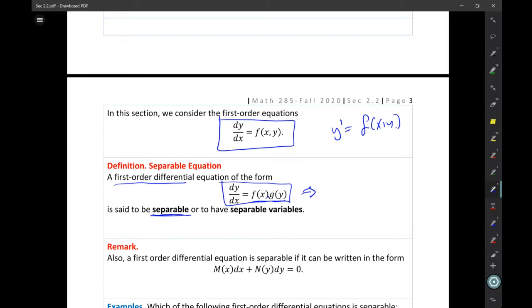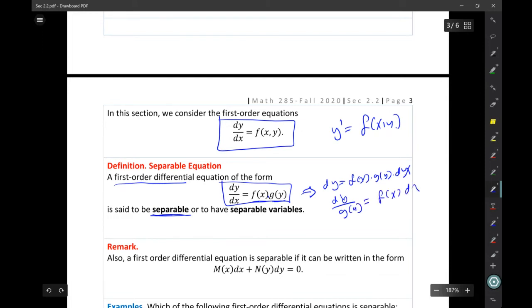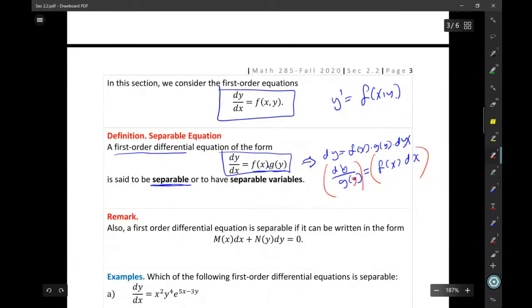If you multiply both sides by dx, it becomes dy is equal to f of x times g of y times dx. When you divide by g of y, it becomes dy by g of y is equal to a function f of x dx. So it means you can separate dy with g of y on one side and f of x and dx on the other side. That's why it is called separable.